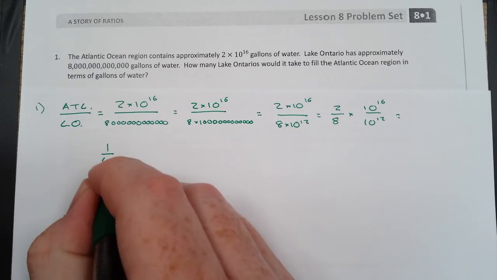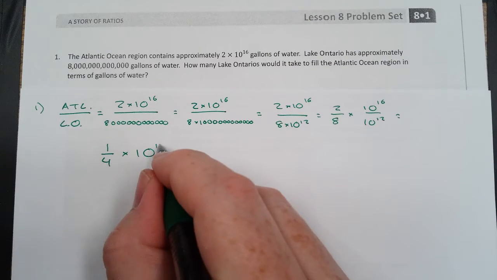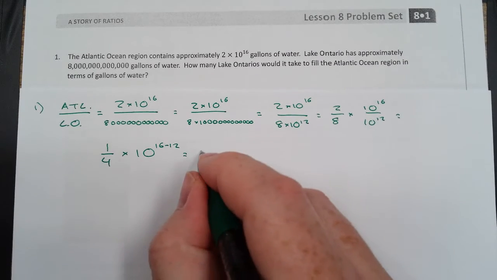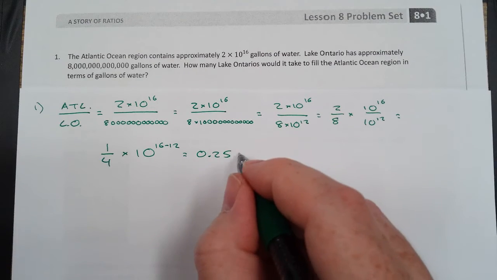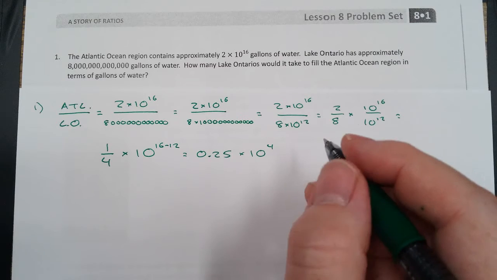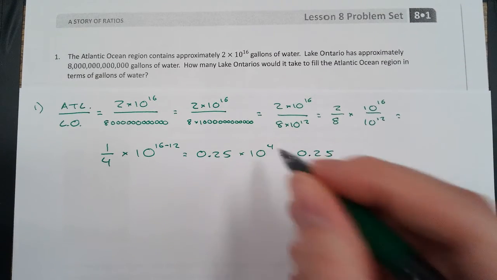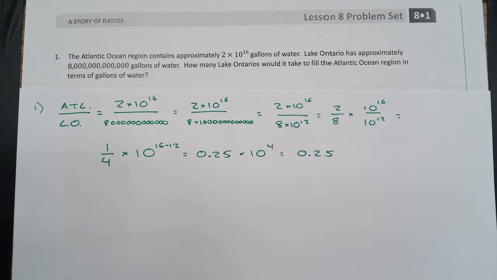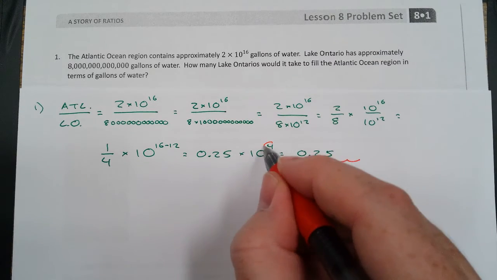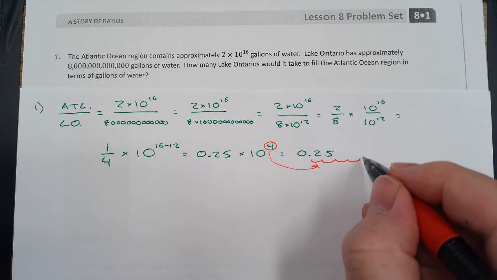2 over 8 simplifies to 1/4. 10 to the 16th over 10 to the 12th, we just subtract the exponents because the bases are the same. 1/4 is 0.25 in decimal form. 16 minus 12 means we have 10 to the 4th. Now remember, there are 4 tens, so we jump 4 place values. 1, 2, 3, 4. 4 tens means 4 place values.